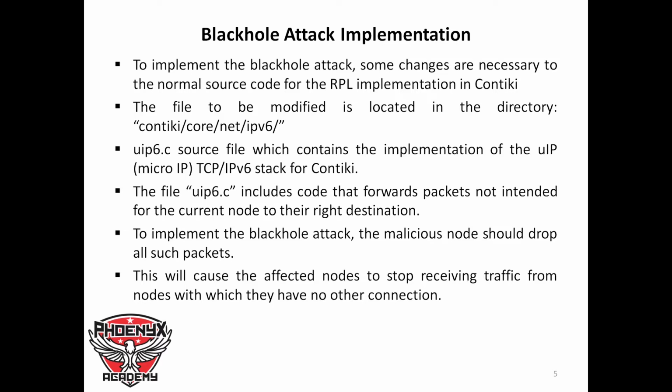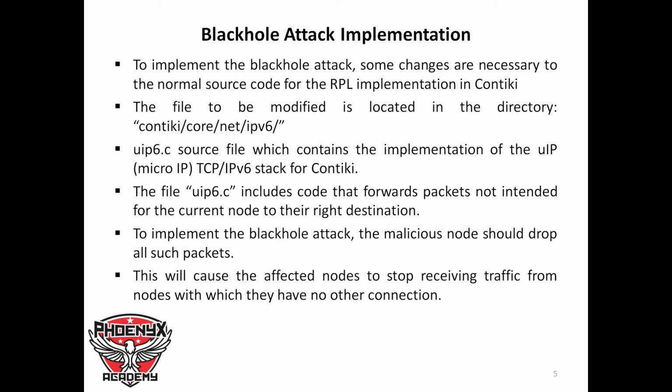You can replace contiki with contiki-3.0 or contiki-2.7, depending on which OS you are using. So contiki/core/net/ipv6, and then there is a file called uip6.c, the source file, which contains the implementation of the uIP TCP/IP version 6 stack for Contiki.